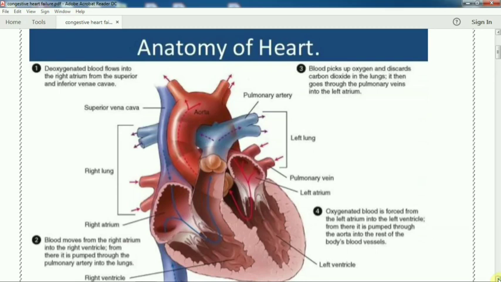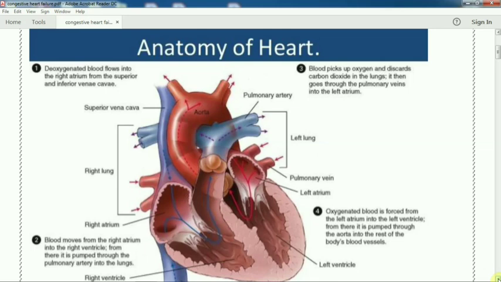Deoxygenated blood from the superior part of the body drains into the superior vena cava, and from the inferior part through the inferior vena cava, then to the right atrium, right ventricle, pulmonary artery, to the lungs for exchange through the alveoli, then through the pulmonary vein to the left atrium, and to the left ventricle through the bicuspid valve.